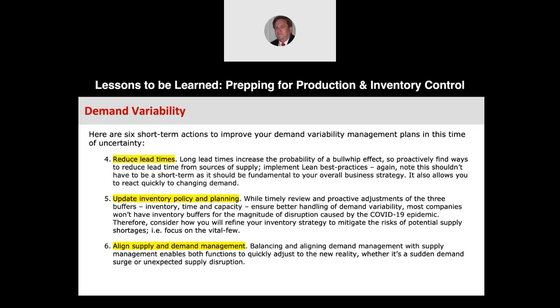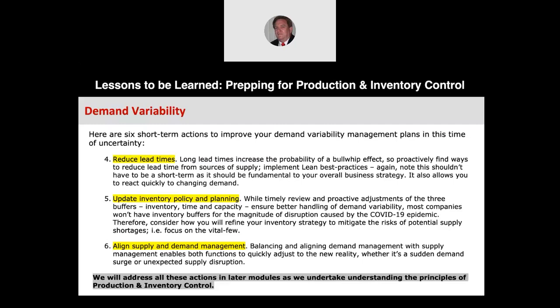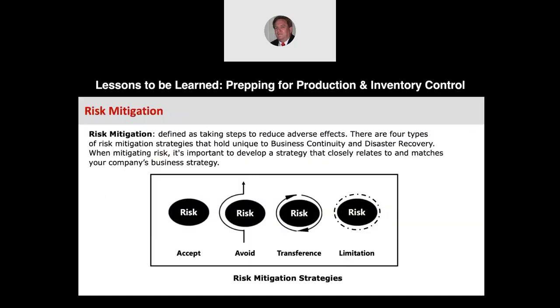So we'll see that throughout the course, but definitely in module 6, where we look at the mathematics and statistics and how to calculate safety stock to offset some of the issues, particularly on the vital few. As I said, we'll address these actions in the later modules. We'll actually be covering all of them to a certain degree.